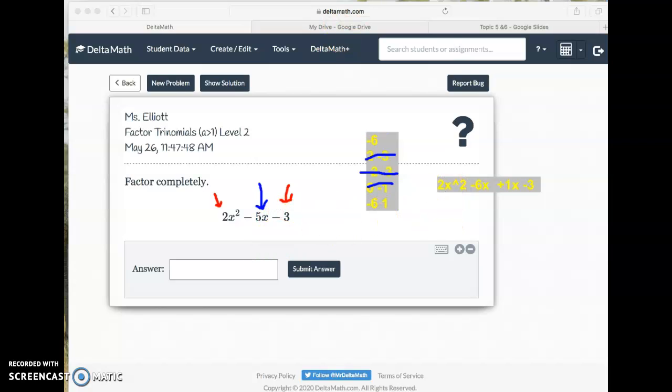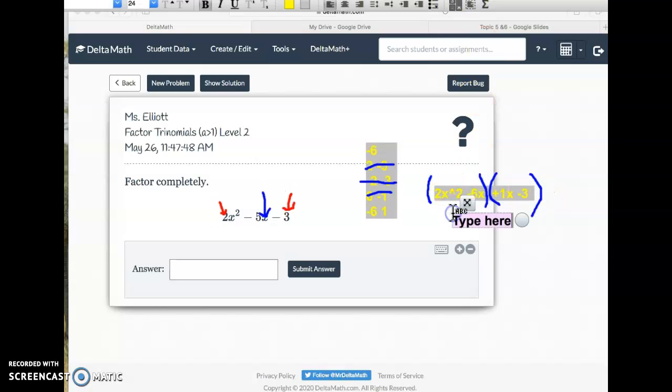So now I can factor by grouping, which means I can look and factor this, kind of like I did at the beginning of the video, and this. What do 2x squared and 6x have in common?